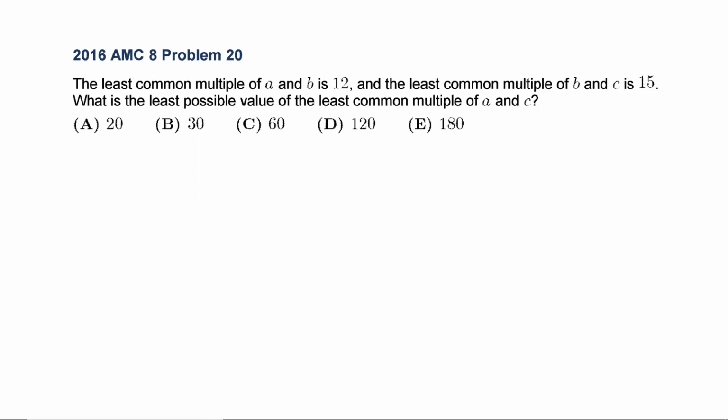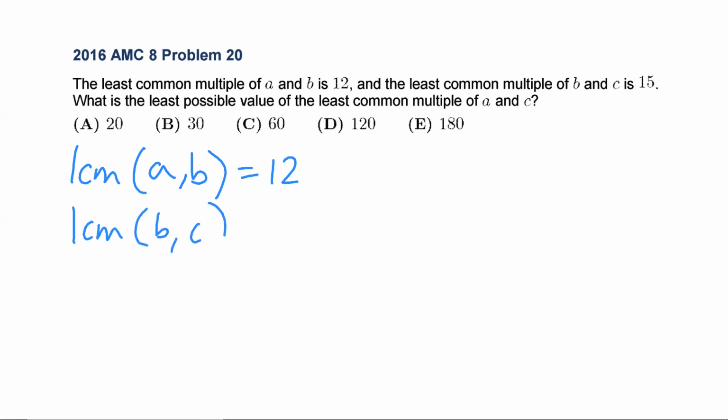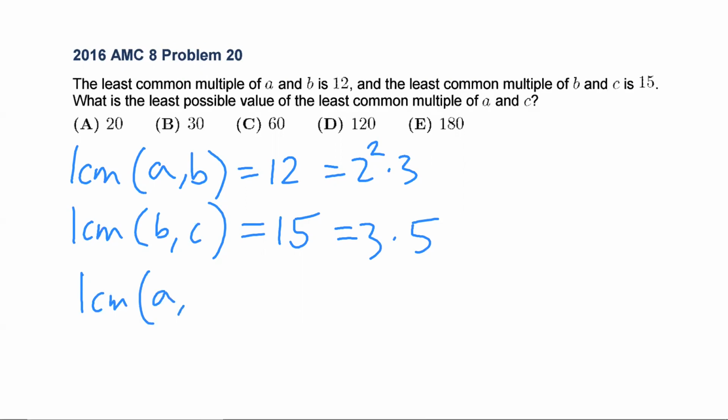Okay, so it's always good to convert the words they're saying into notation. So they're saying that LCM of A, B is equal to 12, and LCM of B and C is equal to 15. So 12 is equal to 2 squared times 3. 15 is equal to 3 times 5. And they're asking you for the least possible value of LCM of A and C.